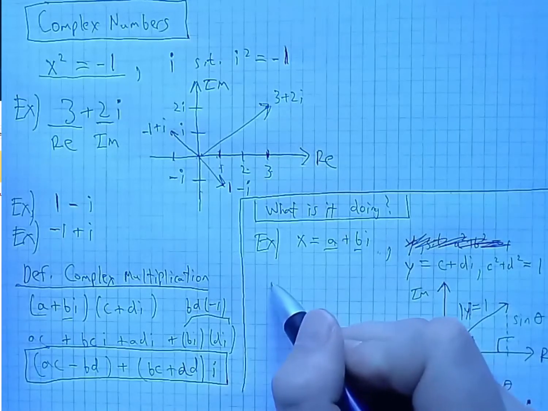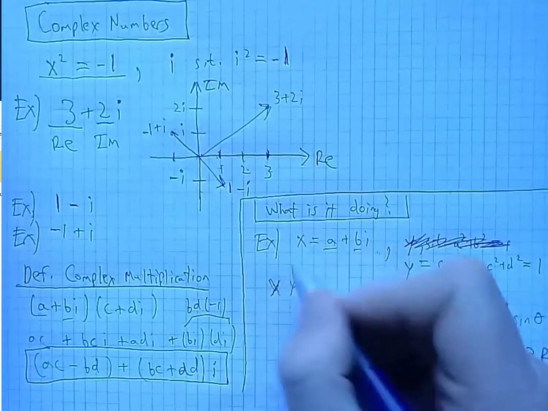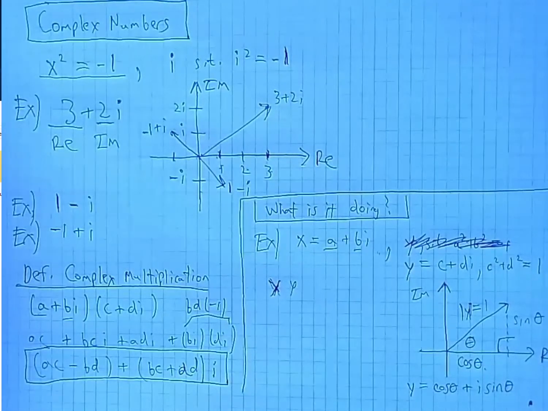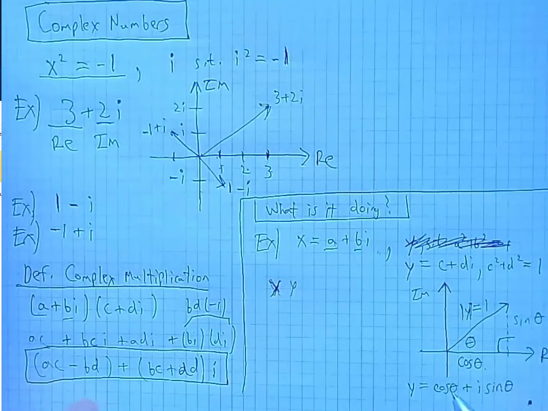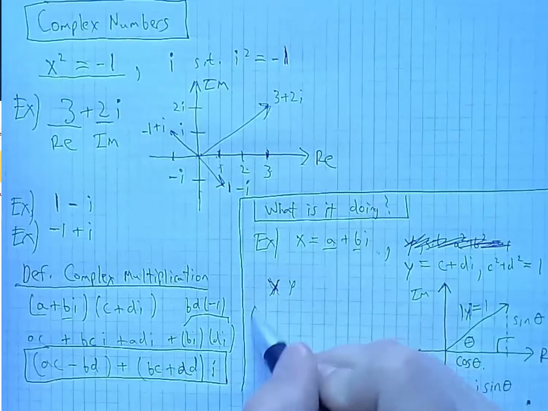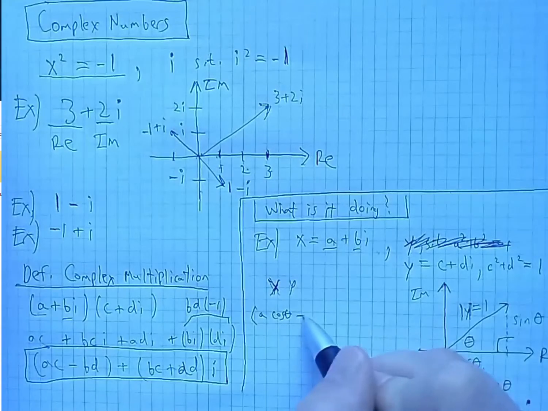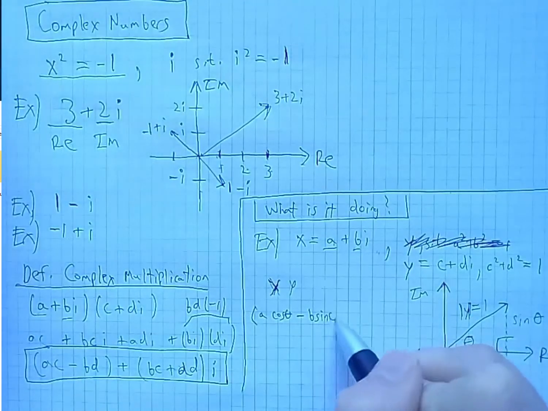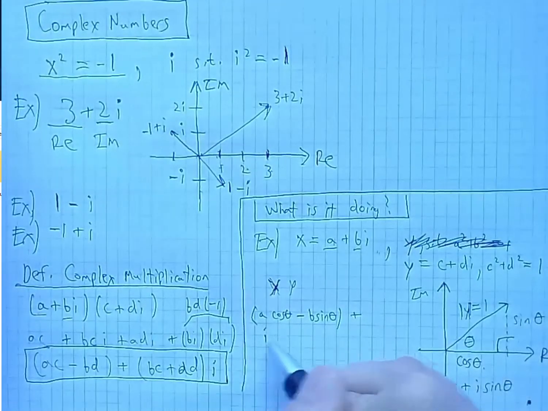Now if I look at what is x times y, and I just follow my rules of multiplication, let's just follow it. So a times c, where c is cosine of theta and d is sine of theta, that'll give me a cosine of theta minus b sine theta, plus i, now we're going to work on our imaginary part.